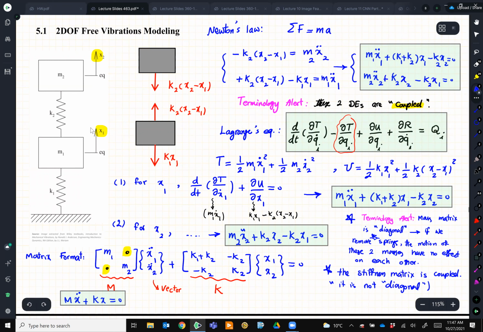They are connected, we say. Or there is a spring that connects x1 and x2, and that spring is K2. If you have a system that does not have K2, then you would say that these two variables are not connected. But here you will see there is something that connects x1 and x2.